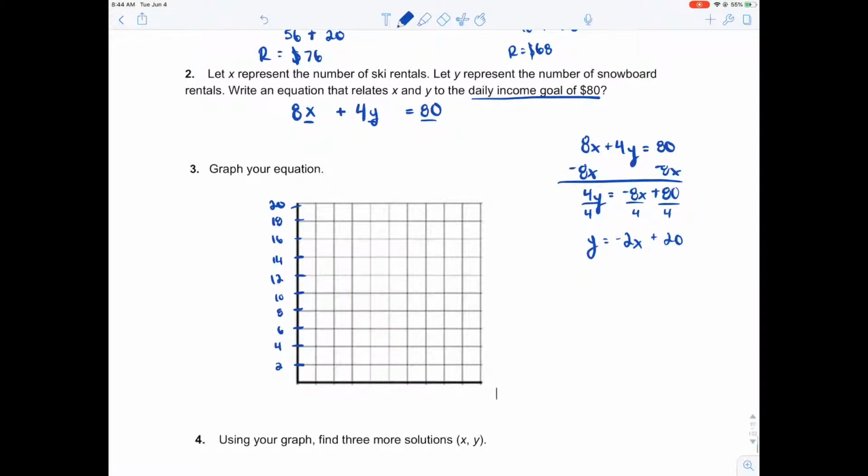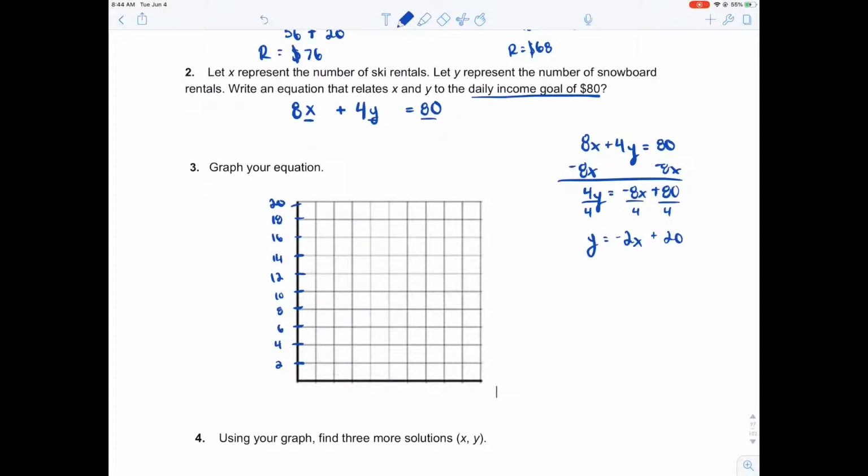So y I know is my snowboard rentals. So I'm going to label my y-axis. So this is the number of snowboard rentals. So I'm just going to say number of snowboards. And then that must mean that my x-axis is going to be number of skis.